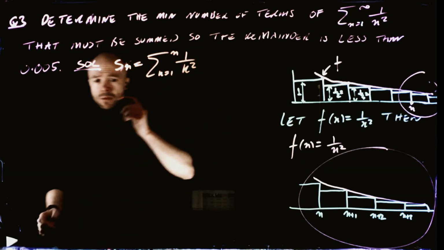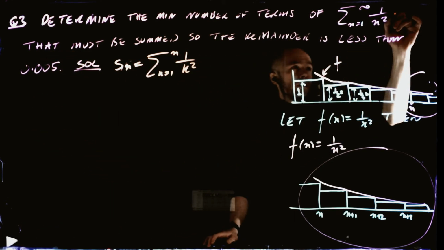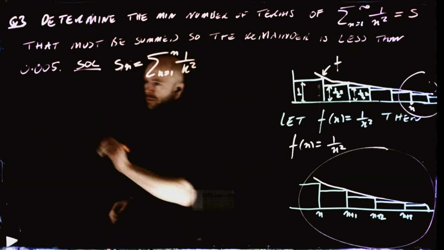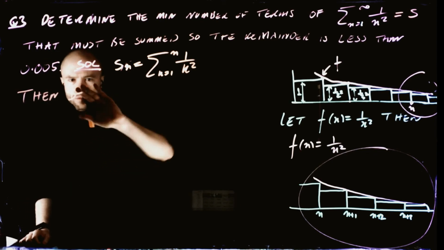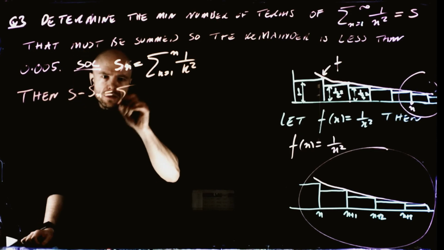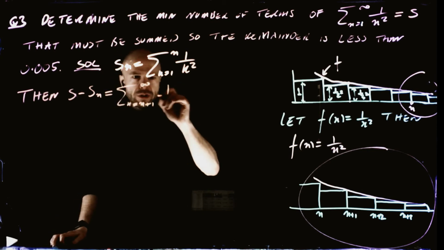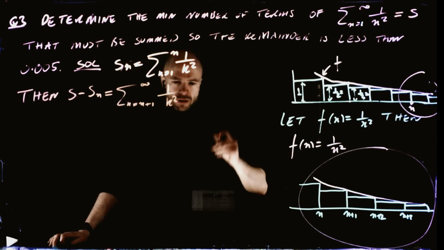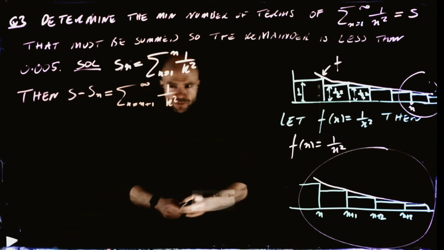Then the difference between the actual sum, so let's call this thing S, and S_n is the sum from k equals n plus 1 to infinity of everything that's left, right? Like this.